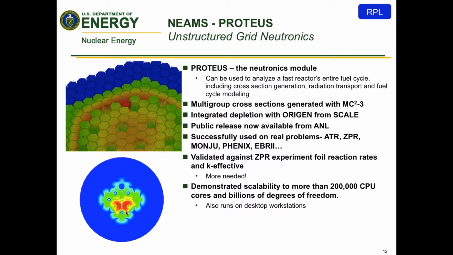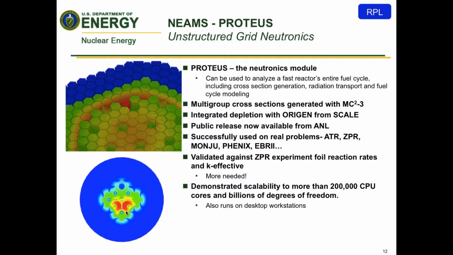PROTEUS, that's another module in the SHARP 3D suite, and it's an unstructured grid neutronics code, and it's the foundation for the NEAMS neutronics tool in the reactor product line. It provides a complete neutronics analysis capability, including three-dimensional transport solvers, cross-section processing, reactor kinetics, and depletion.